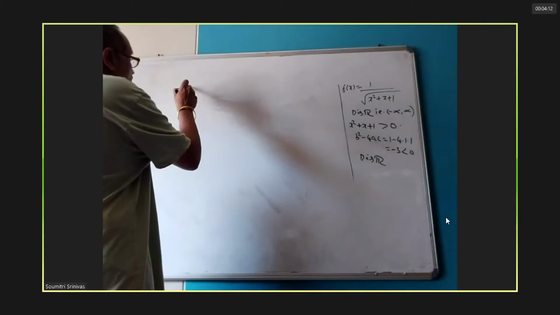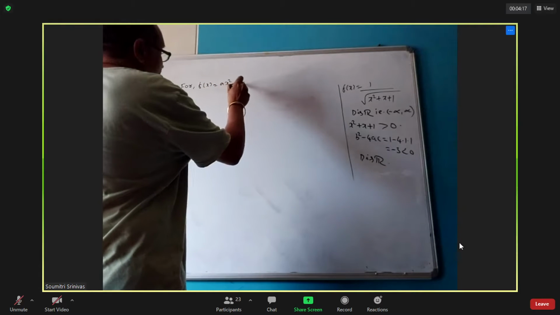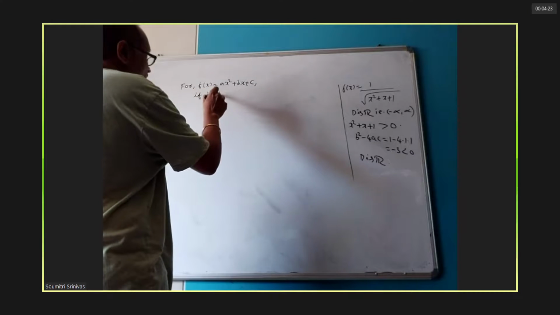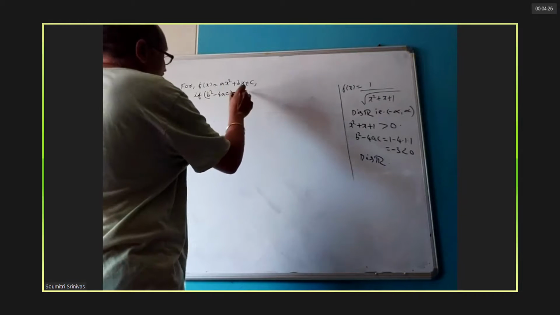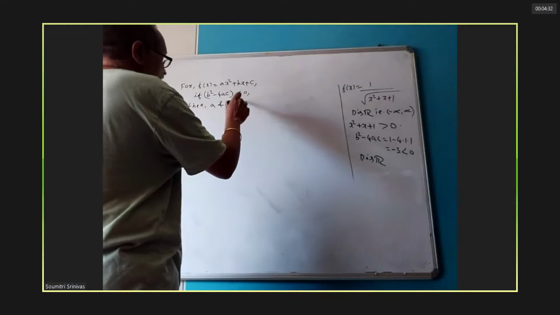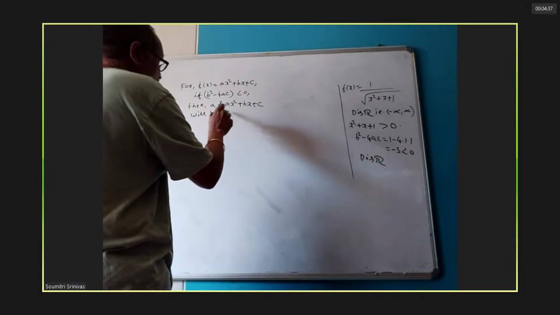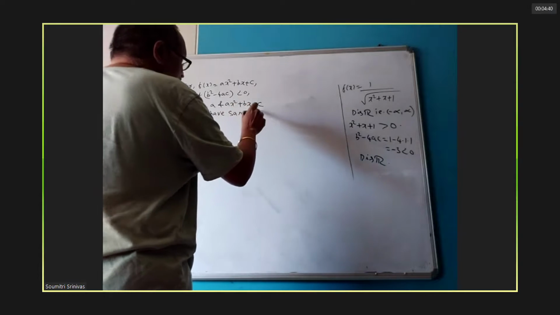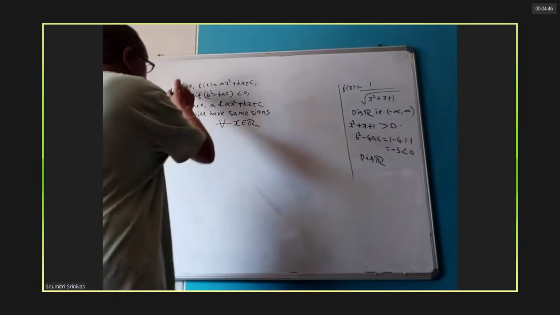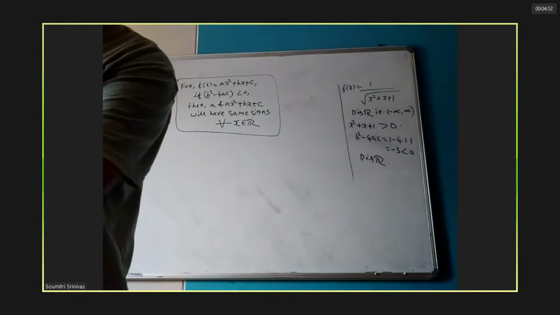For f of x equal to ax square plus bx plus c, if b square minus 4ac is less than 0, then a and ax square plus bx plus c will have the same signs for all x belonging to R. Very, very important. I told this in July.